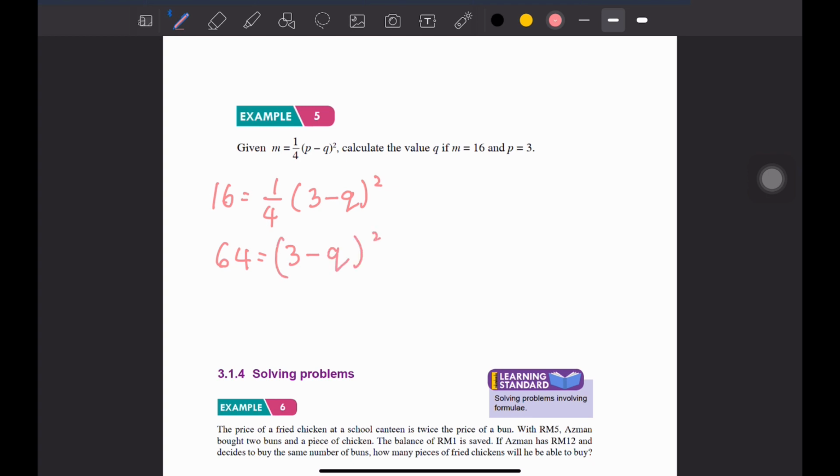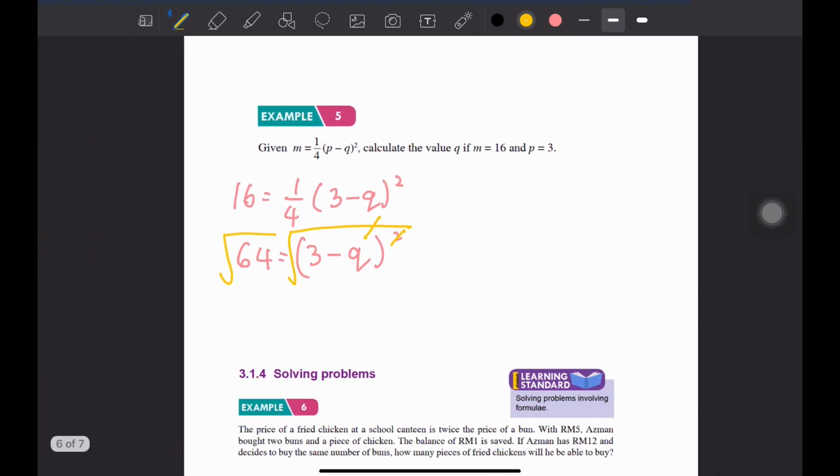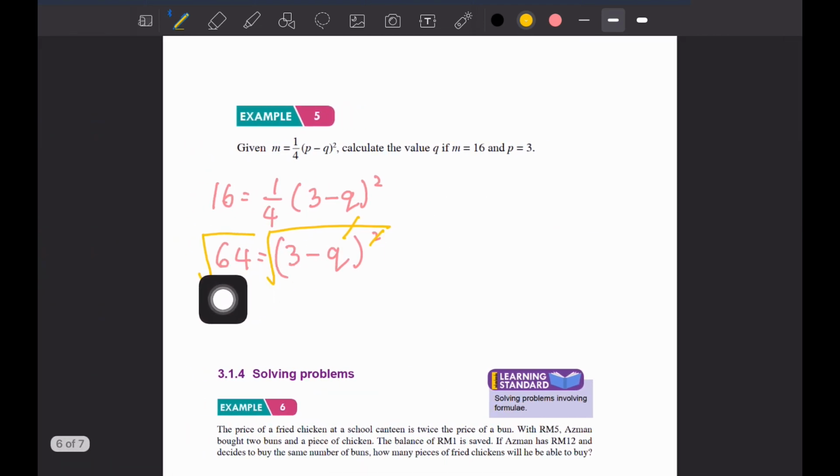Okay, now we have a square over here. How to remove the square? We need to square root, right? So square root both sides. So this one will cancel out. So you have square root of 64. Press the calculator. Square root of 64 is 8.